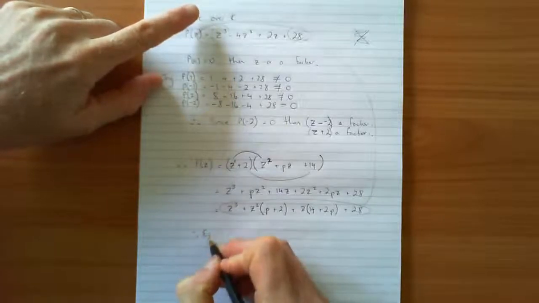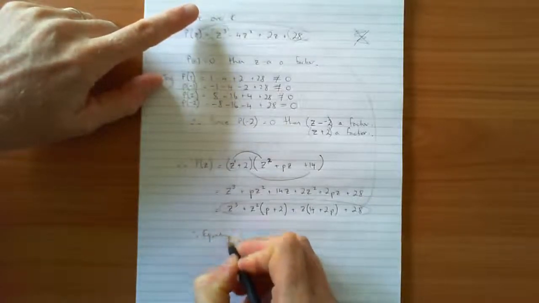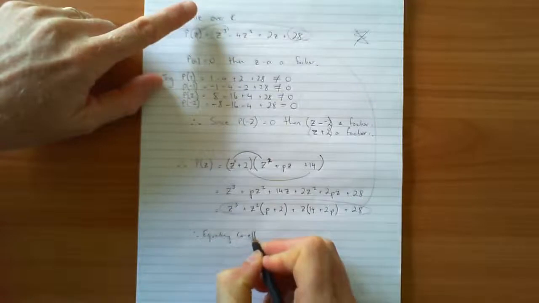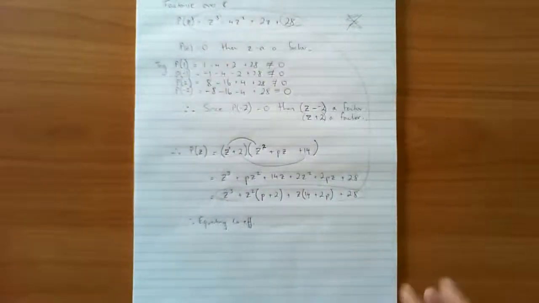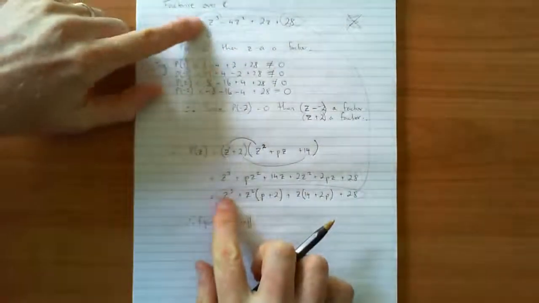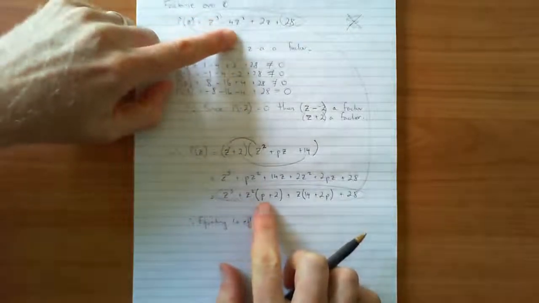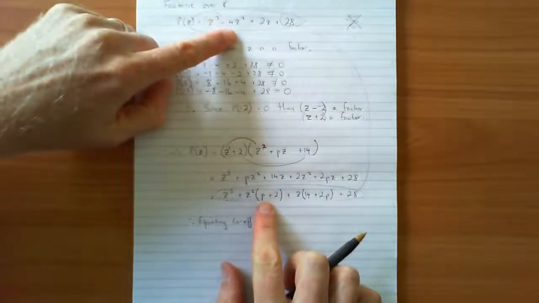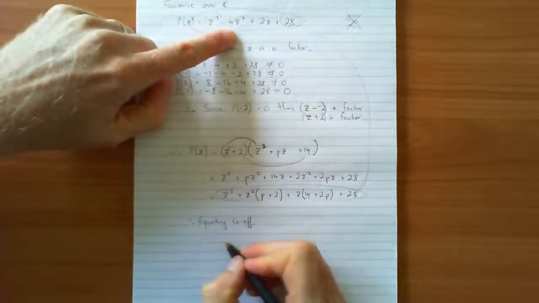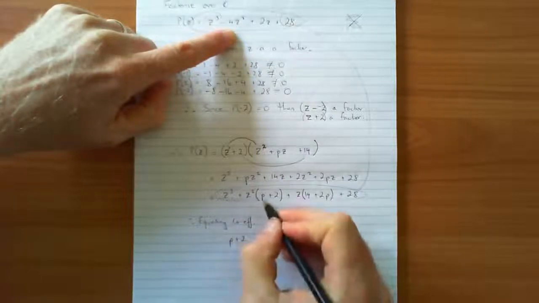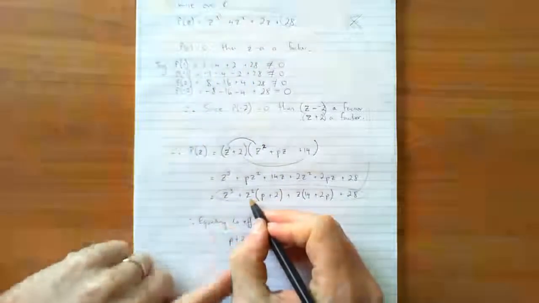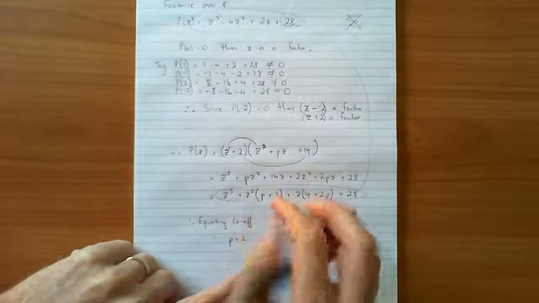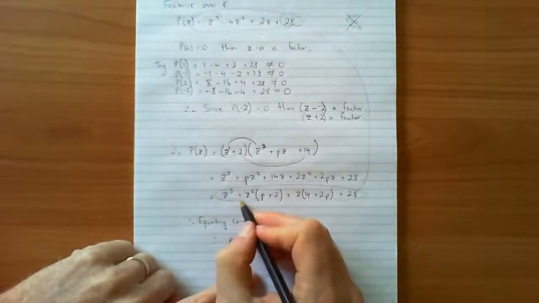Therefore, equating coefficients. Our z cubes are the same, therefore our z squareds should be the same. Therefore, p plus 2 is like my coefficient. I know I've got it written afterwards, but it wouldn't matter whether I wrote that p plus 2 in front or not.